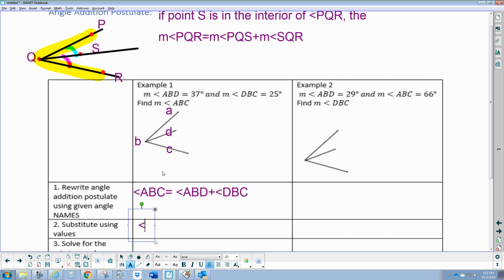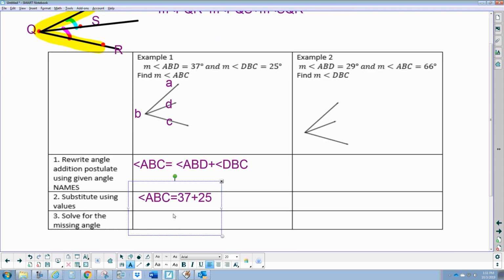We still don't know angle ABC, but we know that that's equal to ABD, which is 37 degrees, plus DBC, which is 25 degrees. And then lastly, we can solve for the missing angle. So angle ABC is equal to 37 plus 25, which is 62 degrees. And I would use the degree symbol.